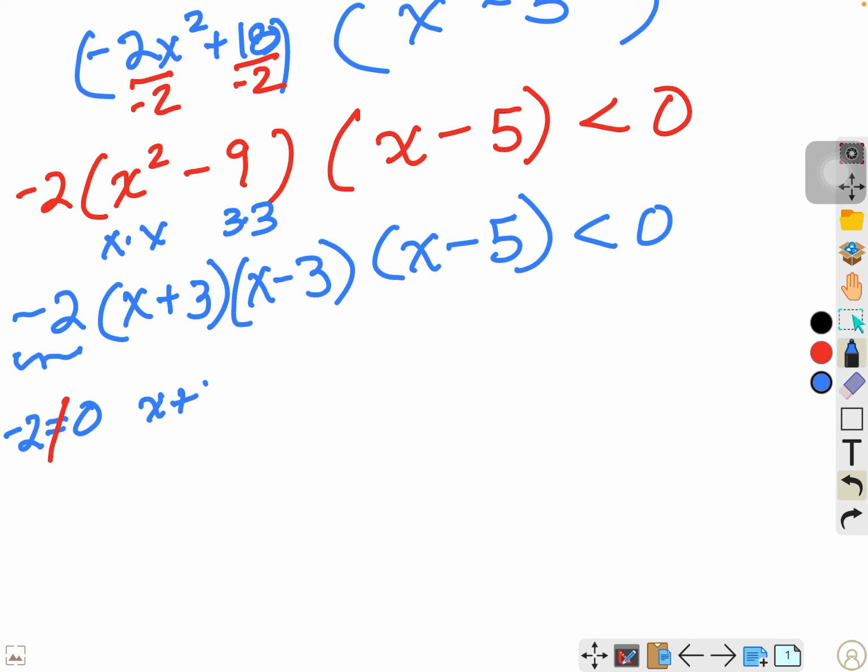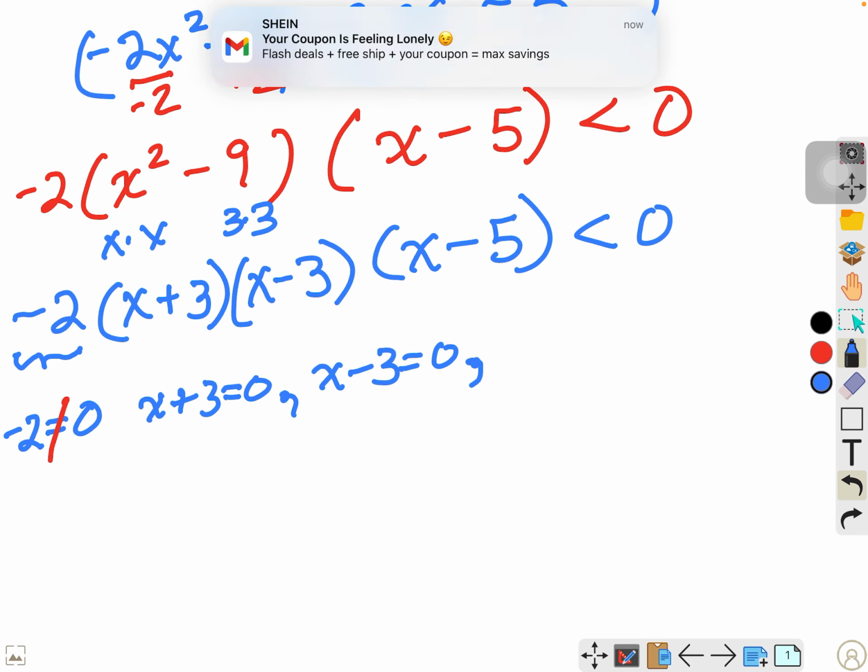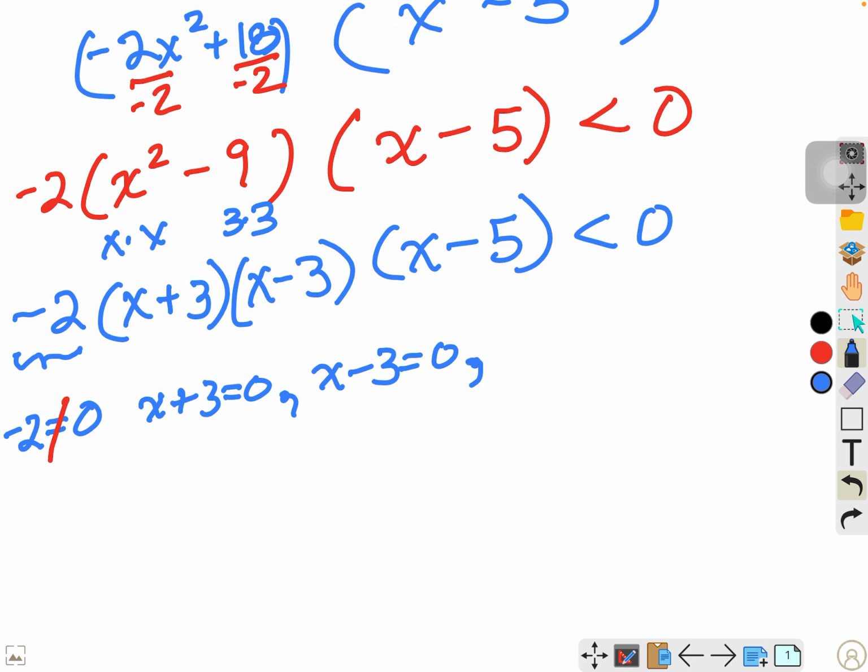X plus 3 equals 0, or x minus 3 equals 0, or x minus 5 equals 0, or all of them. And so we're going to isolate our variable. Subtract 3 from both sides of the equation.